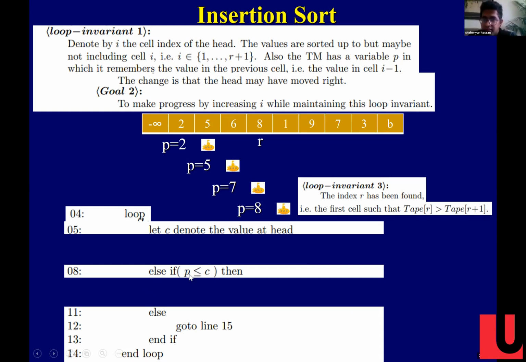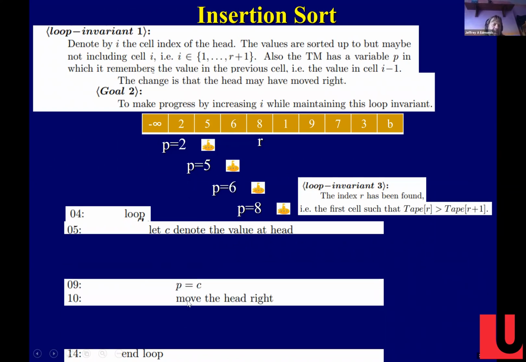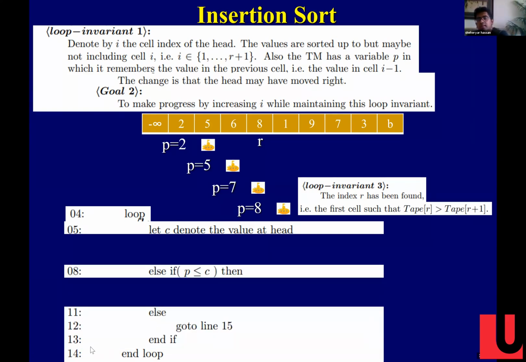So if P is less than or equal to C, I consider them sorted, and if I consider them sorted, then just move past them, because our goal is to move past the sorted things. When they're no longer sorted, when P is bigger than C, that's when we jump out of this loop and go down to line 15. Everybody following this?